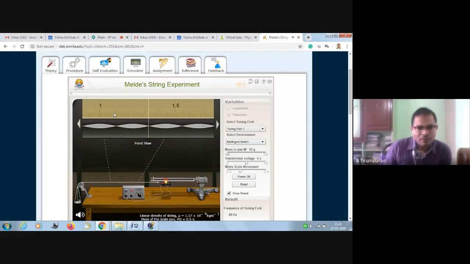So what is this value? Say this is 1.3. So what is this value? 1.31, 1.32.